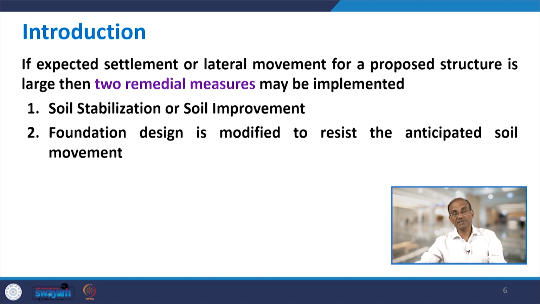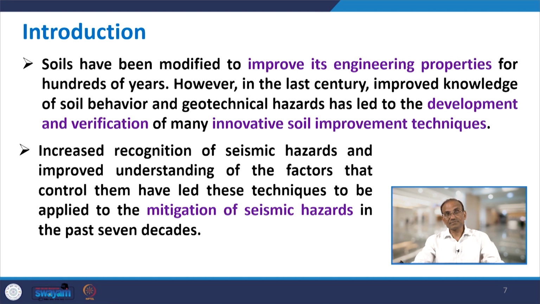This is the first option. The second option could be that the foundation design is modified to resist the anticipated soil movement, that means you look for alternative foundations. These are the 2 methods to solve the problem, but many times you use a combination of both. If your soil is very weak, then you improve the soil also, and then you use an alternative foundation, particularly deep foundations with this improved soil. We will be discussing the first part in detail during the next few lectures.